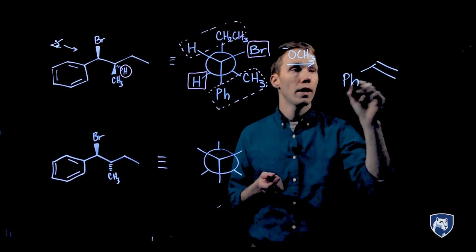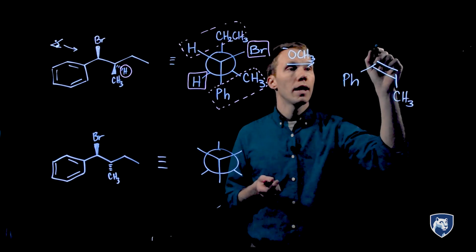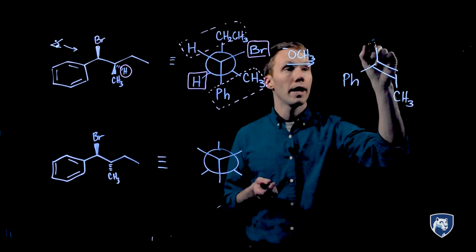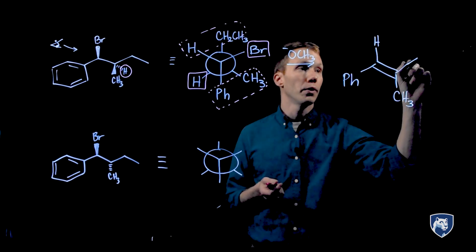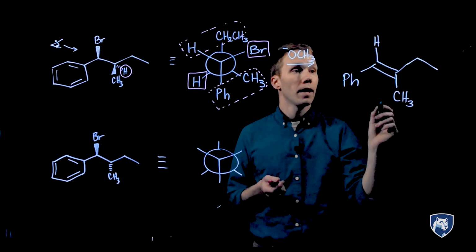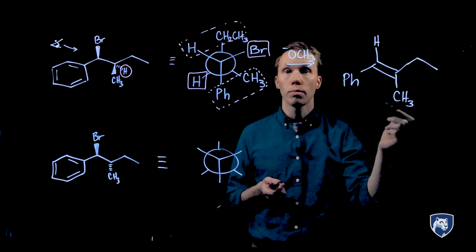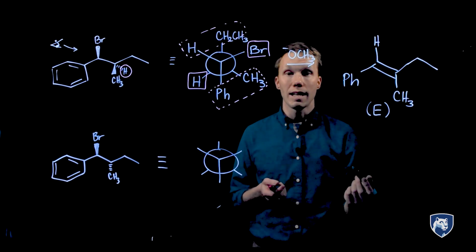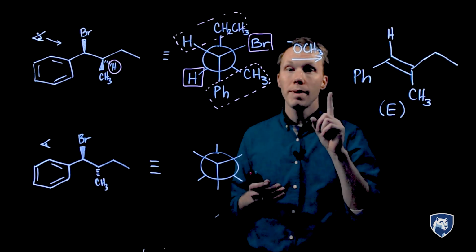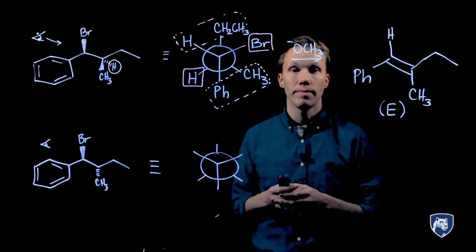My phenyl group and my methyl group on the same side of my alkene, and on the other side we have the hydrogen and the ethyl group, CH2CH3. And if we rank these groups according to the Cahn-Ingold-Prelog rules, we would find that the stereochemistry of this alkene is E. Because there is just one beta hydrogen, only one stereoisomer is possible from this reaction.